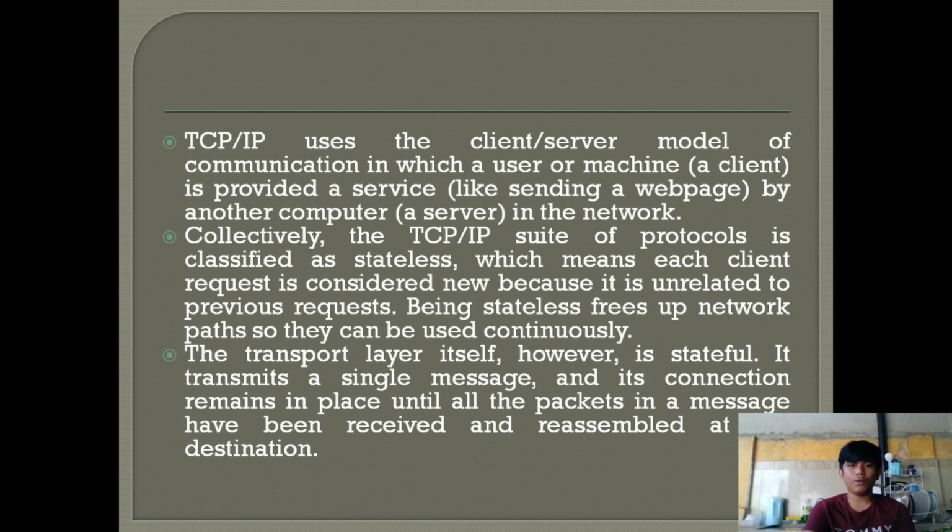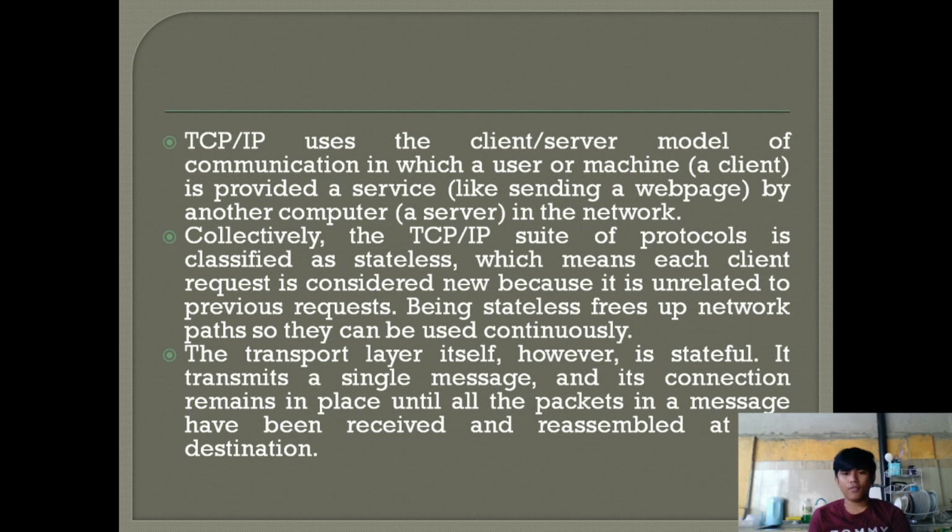TCP/IP uses the client-server model of communication, in which a user or machine, a client, is provided a service, like sending a web page, by another computer, a server, in the network. Collectively, the TCP/IP suite of protocols is classified as stateless, which means each client request is considered new because it is unrelated to a previous request.